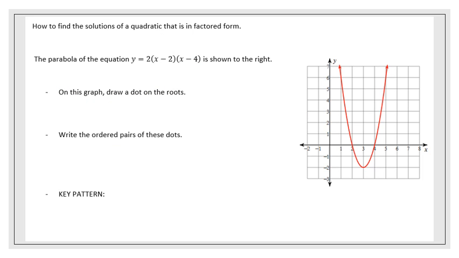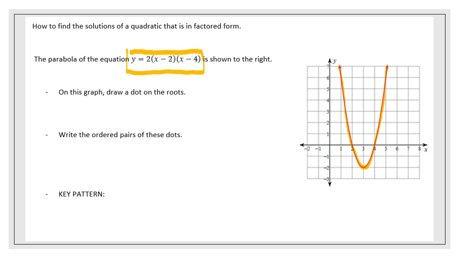So let's make the connection between what our solutions are and the work we've done with graphing quadratics. We have this parabola right here that represents the graph of this quadratic in factored form.